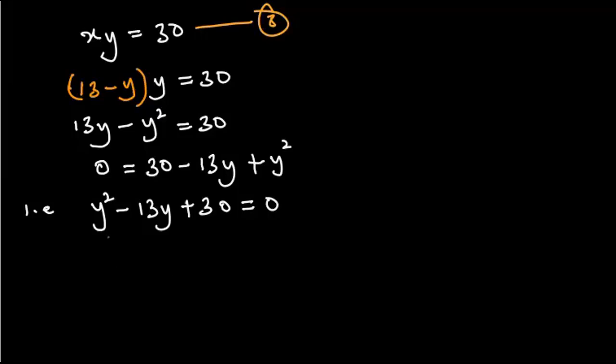At this point, I wouldn't want to show us how to factorize. This is a quadratic equation, so you should know what to do at this point. I'll be fast enough here. Factorizing this, we have y minus 3 times y minus 10 equals 0, of which this gives us y equals 3, that is the first value of y, or the second value of y equals 10. At this point you should know how to factorize quadratic equations.